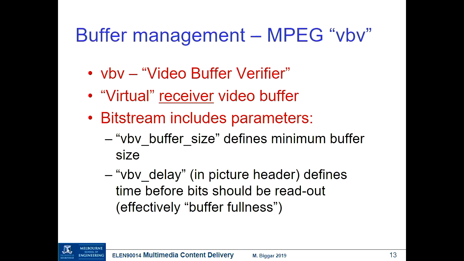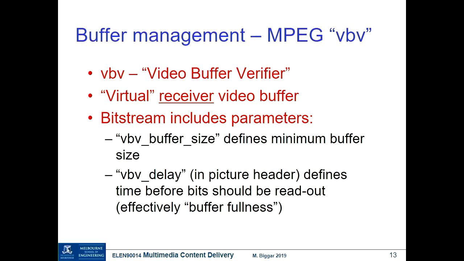The solution that is adopted within MPEG, which is pretty similar to others, but we just use the MPEG terminology, is that there's a virtual receiver model that is calculated at the sender, and this virtual receiver is called a video buffer verifier, and in the end it turns out to be quite simple in terms of the parameters that are sent to control what happens at the decoding end.